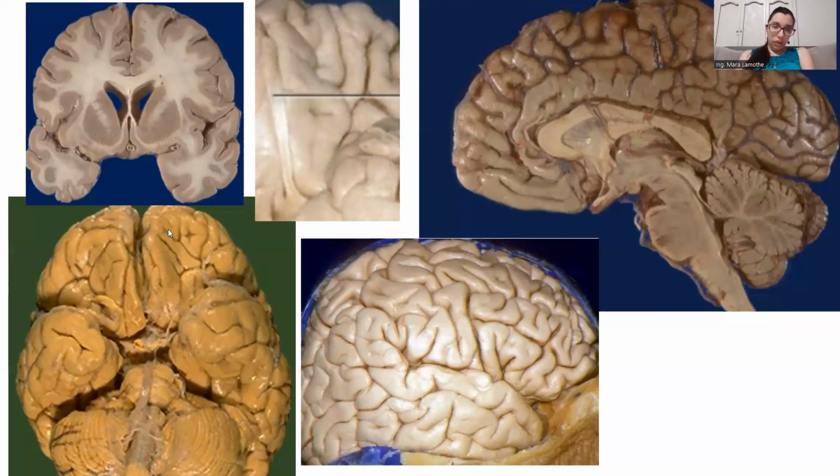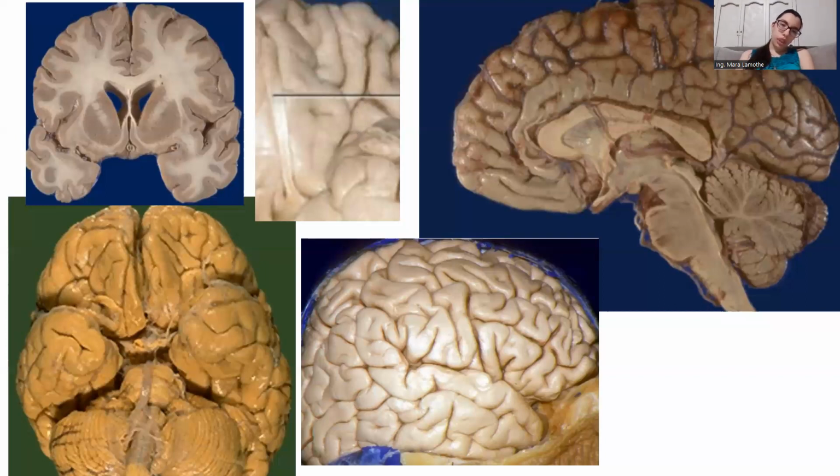So the anterior part is delimited by the transverse segment of the orbital sulcus. The posterior segment extends from the transverse part of the orbital sulcus to just superior to the anterior perforated substance over here, and the basal ganglia, the corpus callosum, and internal capsule are above it.